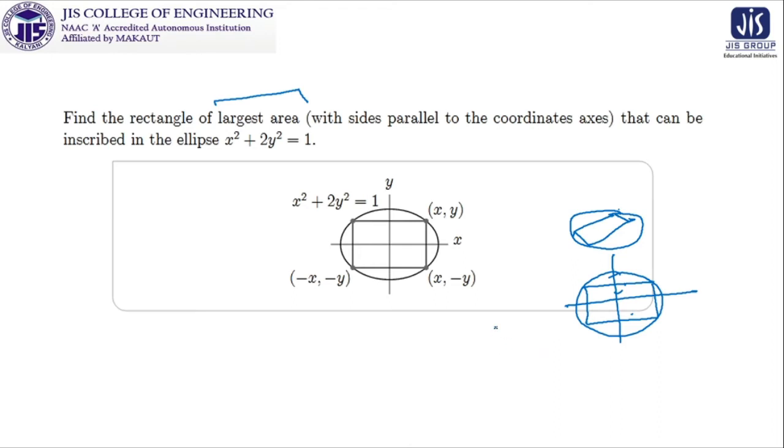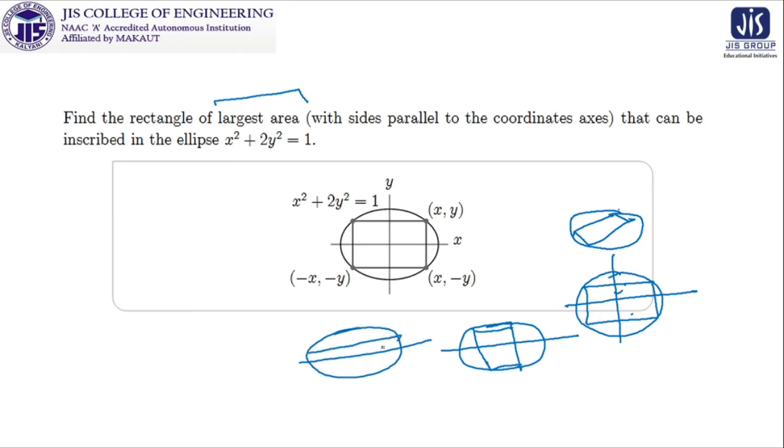Now the variations can be made keeping the ellipse the same. So this is also one rectangle, this is also one rectangle. We can draw a rectangle like this one also. Among all these infinite possible rectangles, our target is to find the rectangle which has the largest area.